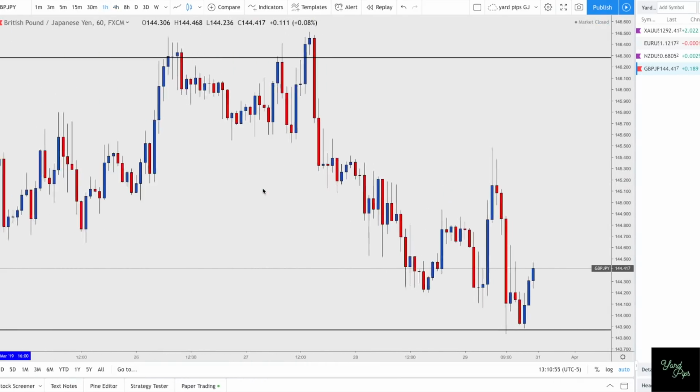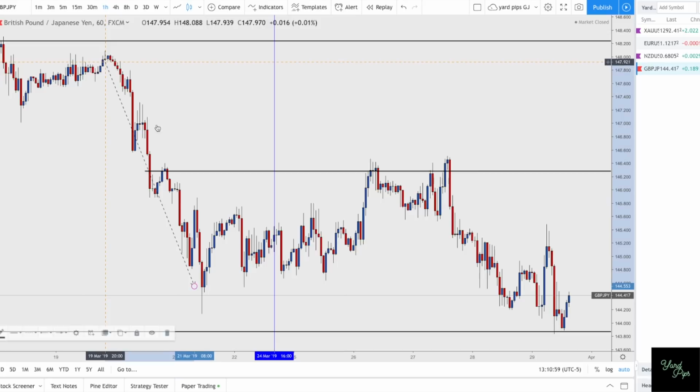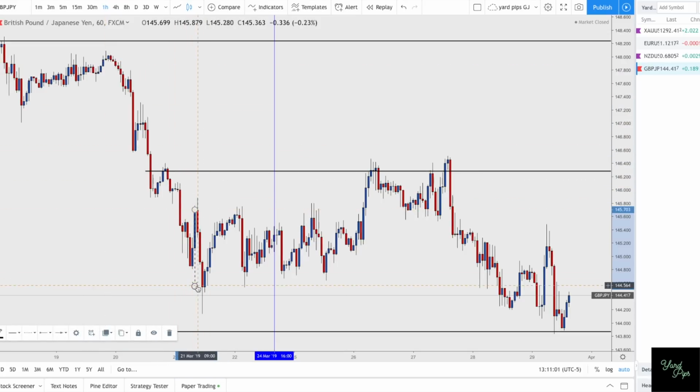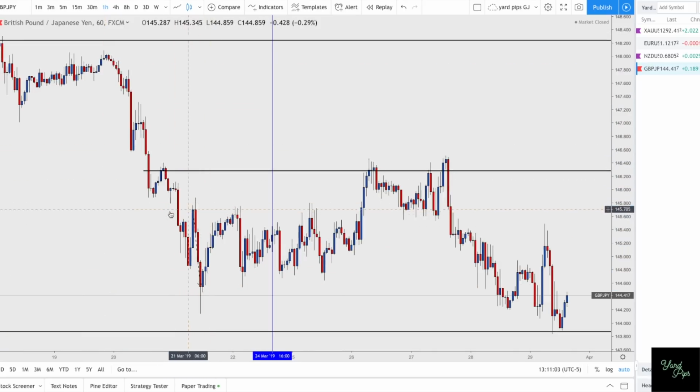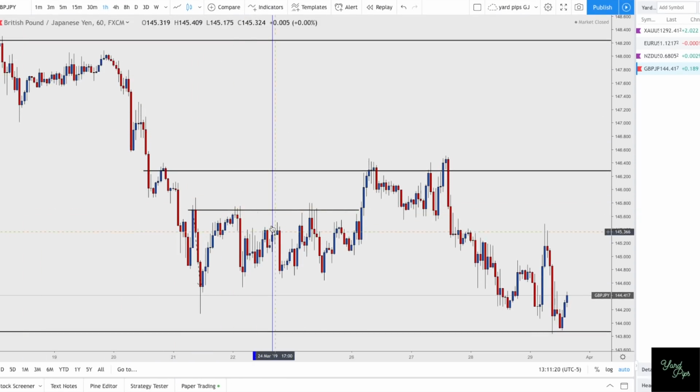Scrolling down to the H1 time frame, we see that there is a push right here originating from this point at a rejection right here. So we identified that H1 level of resistance. Resistance was made right here and confirmed as resistance right along this path. So the week started here.